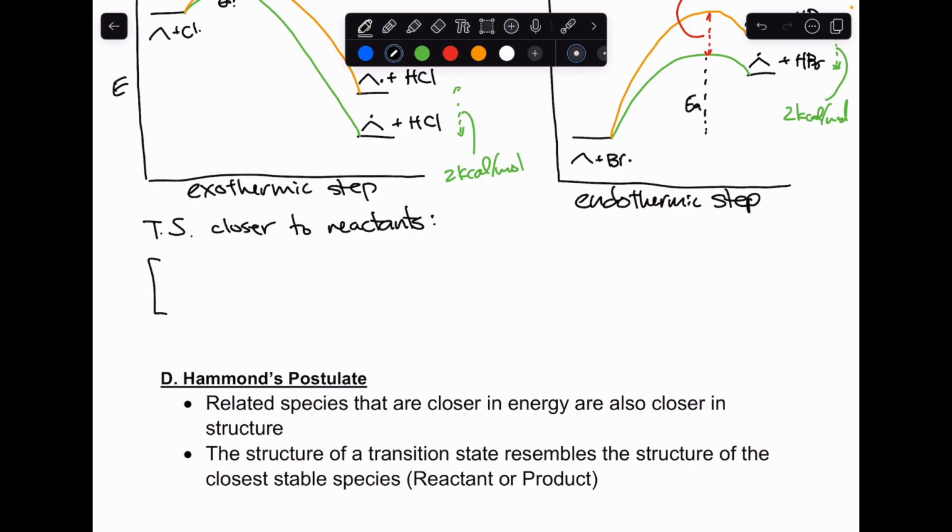In other words, if you look at the transition state, there's not that much bonding happening between H and Cl, right? Whereas the transition state for the endothermic reaction looks much closer to the products. This looks very much like the starting material, whereas for the endothermic reaction, the transition state looks very much like the products, right? So if there's a difference in products, there's going to be a difference in transition state, therefore it's going to be a lot more selective.